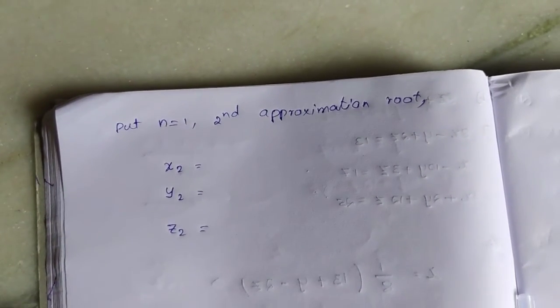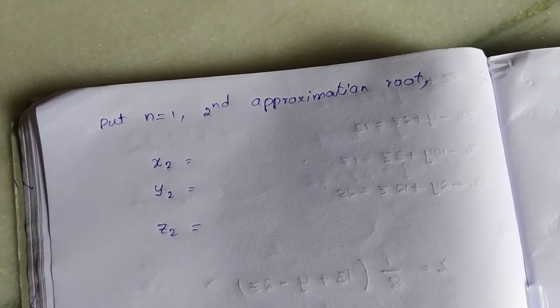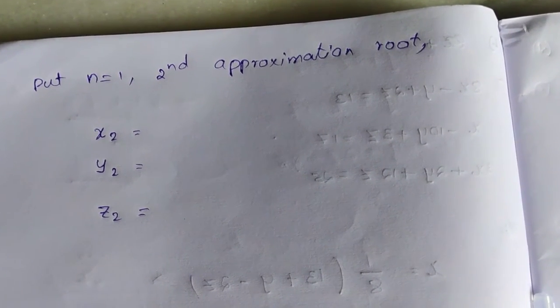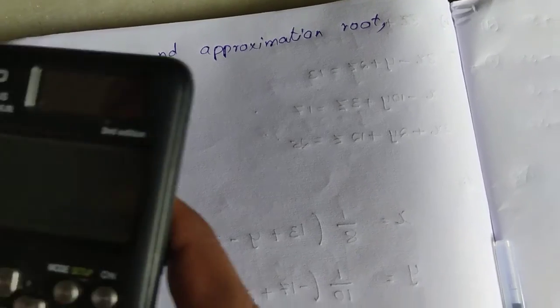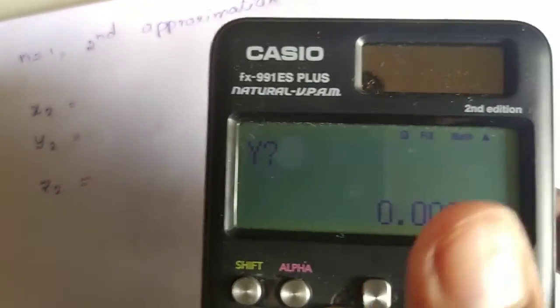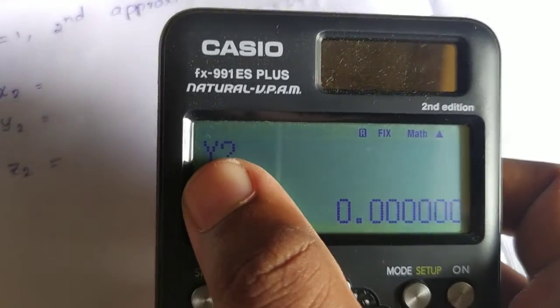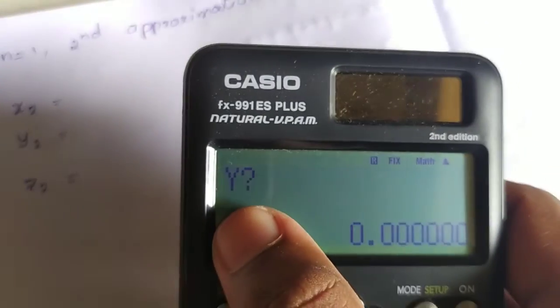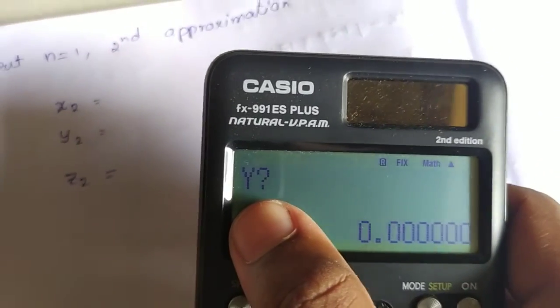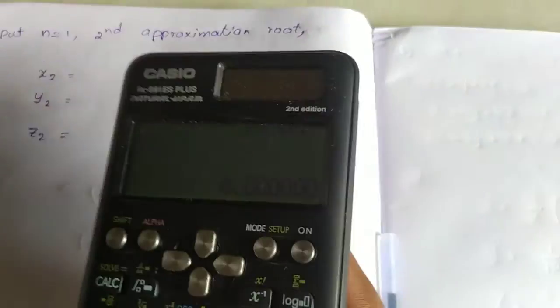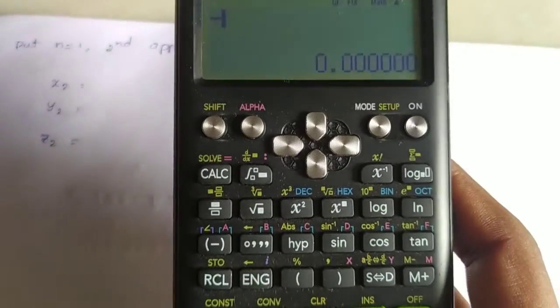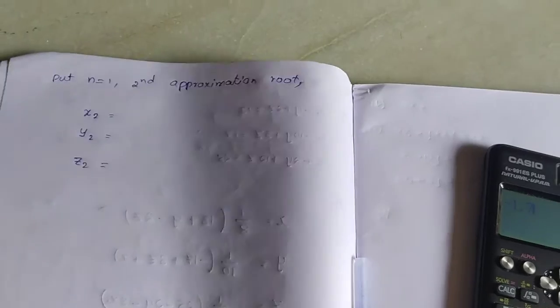Here, like in the previous one, as we want x2, y2 and z2 values, we should substitute the values of x1, y1 and z1 in the calculator. In the previous step we substituted y0 as we wanted the y1 value. Now we should substitute the y1 value as we want the y2 value. So the value of y1 is minus 1.7.